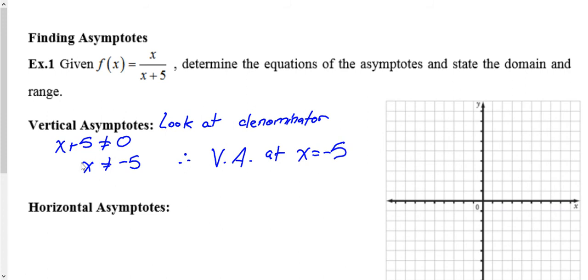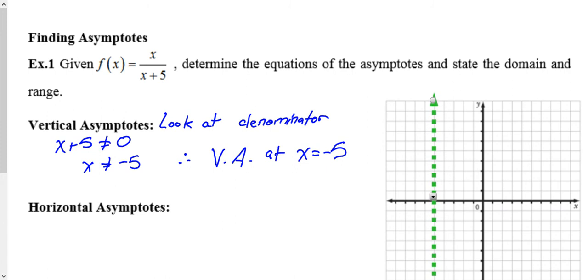So mathematically we know x cannot equal negative 5, and the way we write it out is a vertical asymptote at x equals negative 5. Right at x equals negative 5 on my grid, I'm going to draw a vertical line straight through, denoting that that's my vertical asymptote. That's 1, 2, 3, 4, 5, and there you have it.